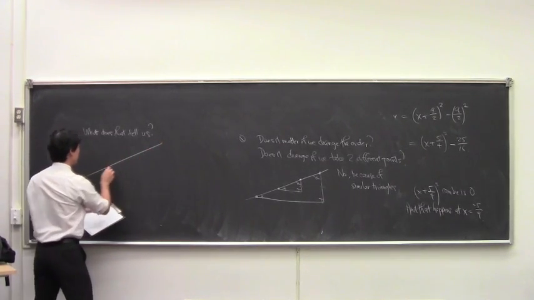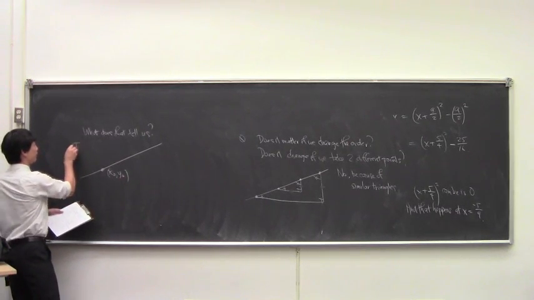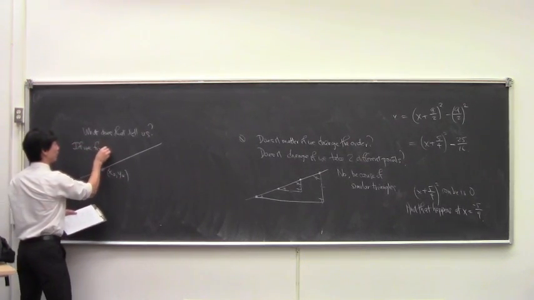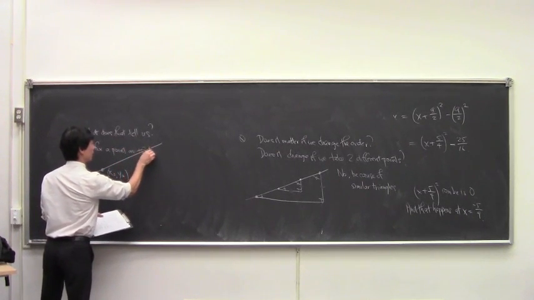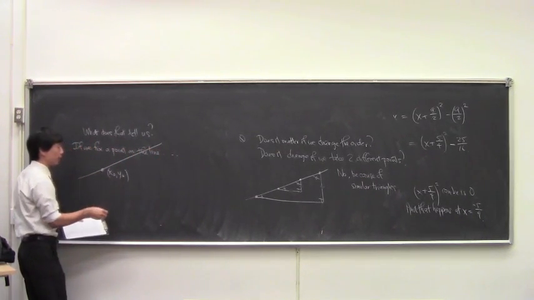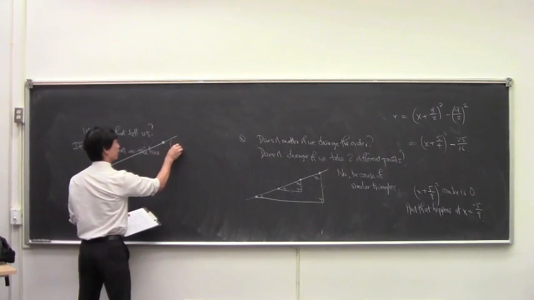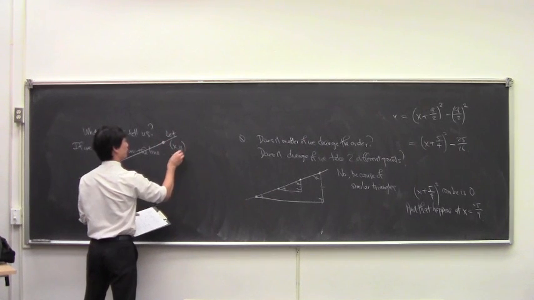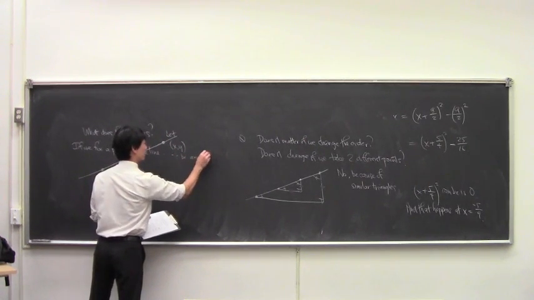Okay, so if we fix a point on the line, x naught, y naught, and we look at an arbitrary point, let x, y be any other point on the line.